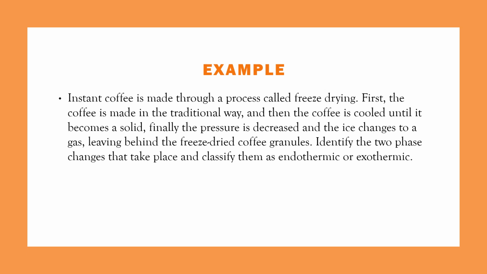So one of the phase changes is that the coffee is going from a liquid to a solid, and in order for it to do that, it has to get rid of some of its energy. It gives it off to the surroundings. It's not disappearing. But when the coffee goes from a liquid to a solid, that is an exothermic process. All right, so that's one of them.